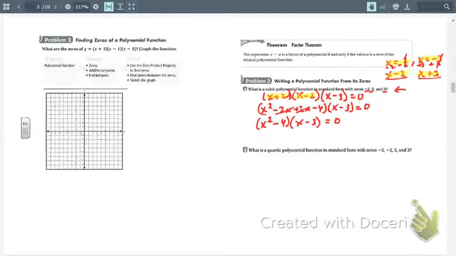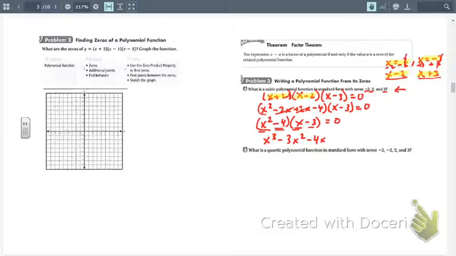Alright, so now we have to FOIL again. So we have x squared times x. That's going to give us x cubed. The outers, x squared times a negative 3x gives us a negative 3x squared. The inners, negative 4 times x gives us a negative 4x.